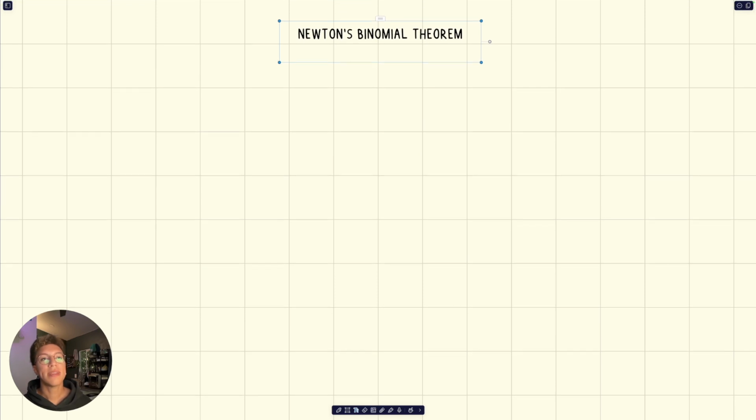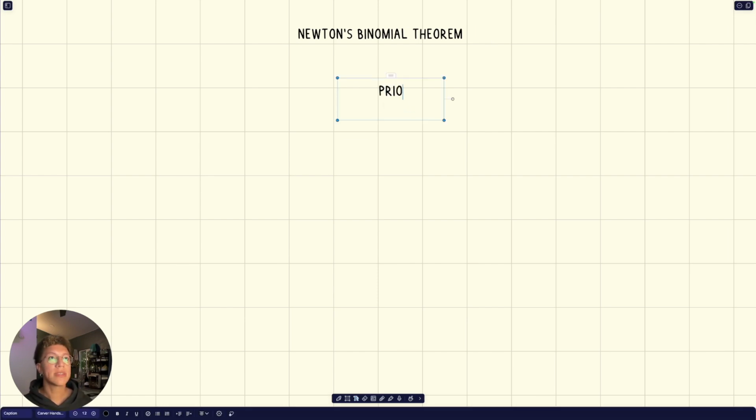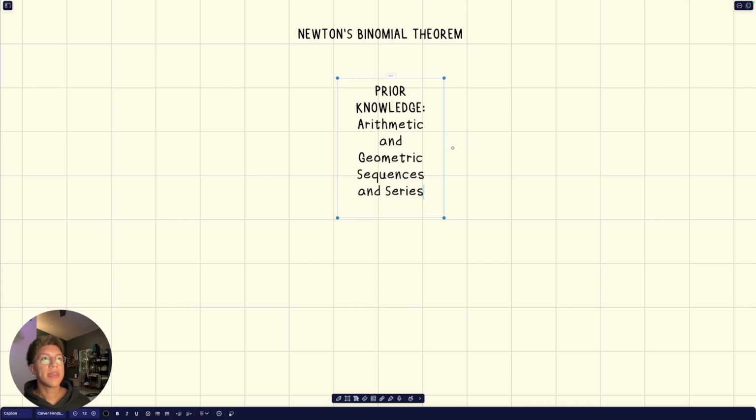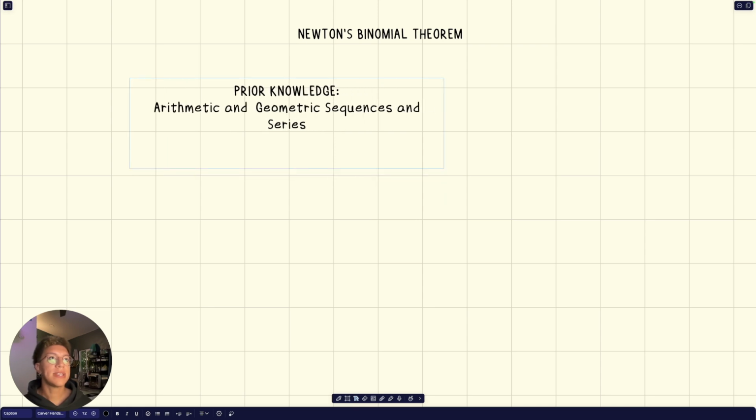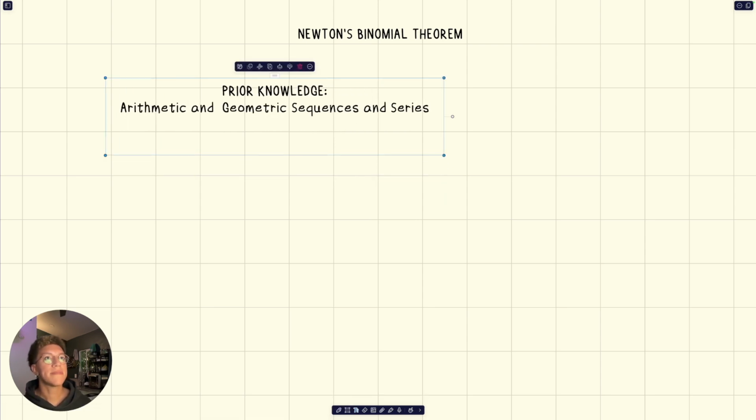So, content you should probably know before we start this topic, some prior knowledge. It would be helpful to know your arithmetic and geometric sequences and series. Another topic you should be familiar with is combinations and permutations.